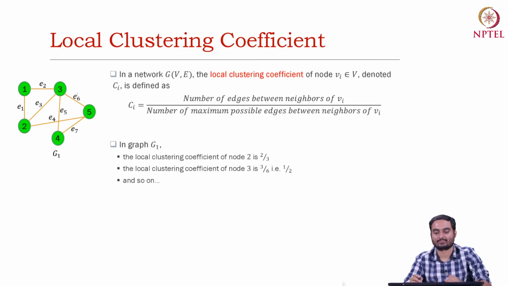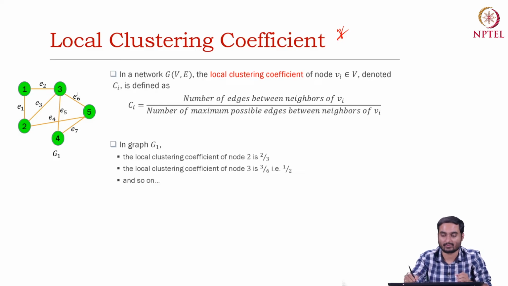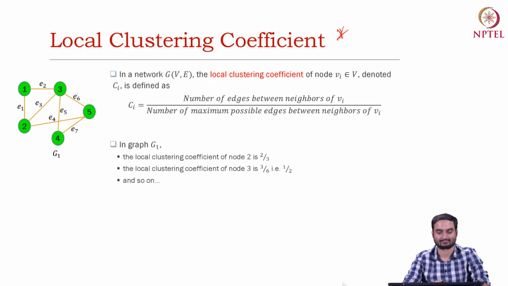Right now, let's look at some node centric properties that the nodes within a cluster generally possess. This property is very, very important. We'll keep talking about it in the remaining part of this lecture and the subsequent lectures as well. So there is something called the clustering coefficient.